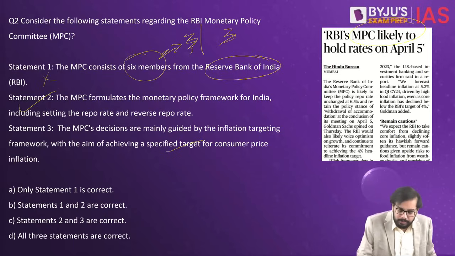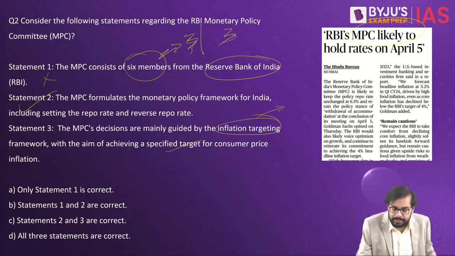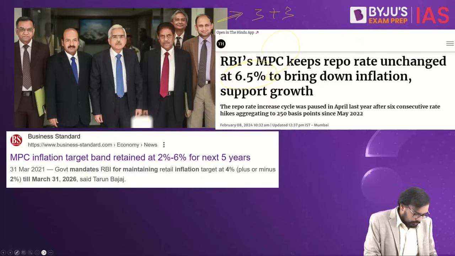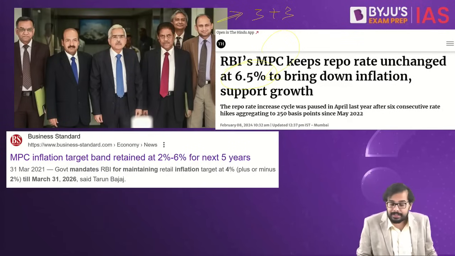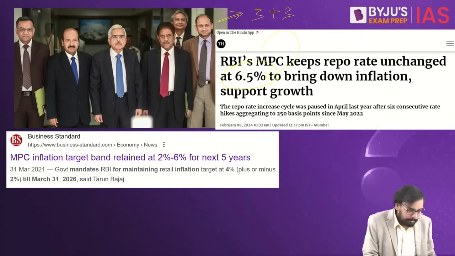So as of now, the inflation targeting band is 4% plus or minus 2%. So this is the target. Now the government has extended this inflation targeting up to March 31st, 2026.